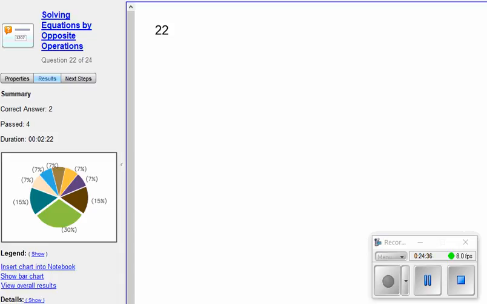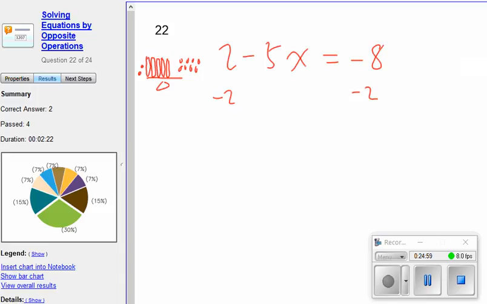In question 22, this is your equation. And again, just like the last one, if I was to draw it, it would be a positive 2 and a negative 5x equals negative 8. Right? So again, the constant of 2 is not negative 2. It's still positive 2, which means I'm going to subtract 2 from both sides.